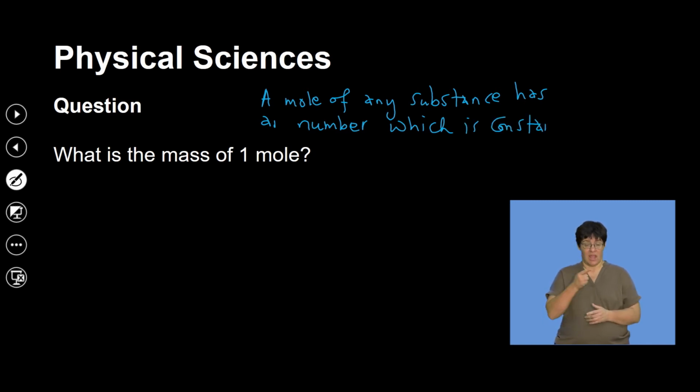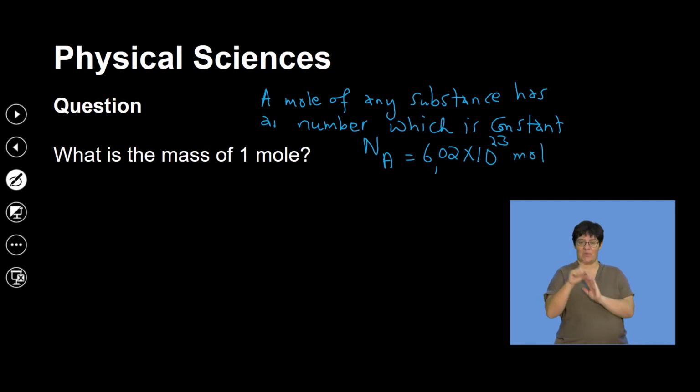And that number is the Avogadro number, 6,02 times 10 exponent 23 per mole. It means then in 1 mole there is that number of particles, right?